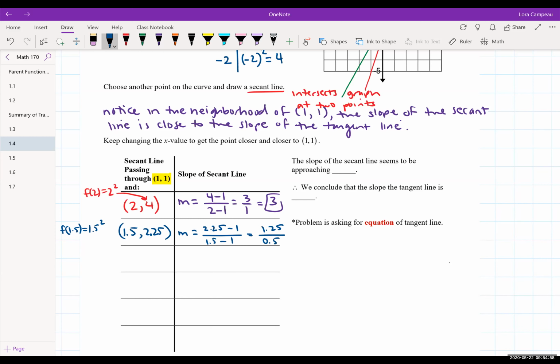And here's where we probably will use our calculator again to find that the slope of the line through these 2 points would be 2.5. So that's the second approximation.